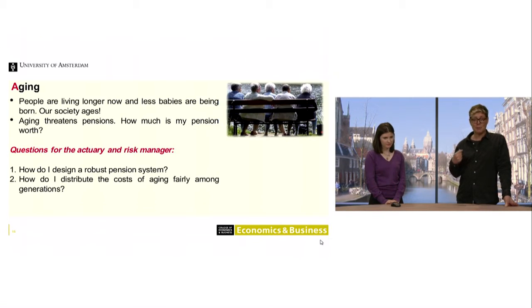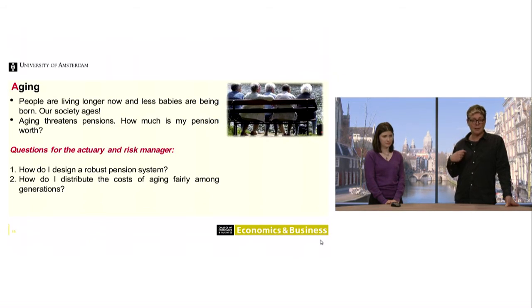But of course, these pensions are savings, but they have changing worth, right? So people pay in now for other people to be able to get their pensions. So the questions for an actuary and a risk manager are: how do I design a robust pension system?